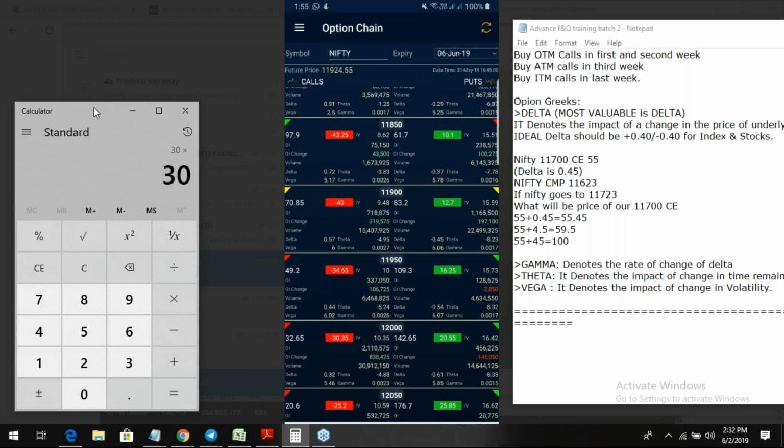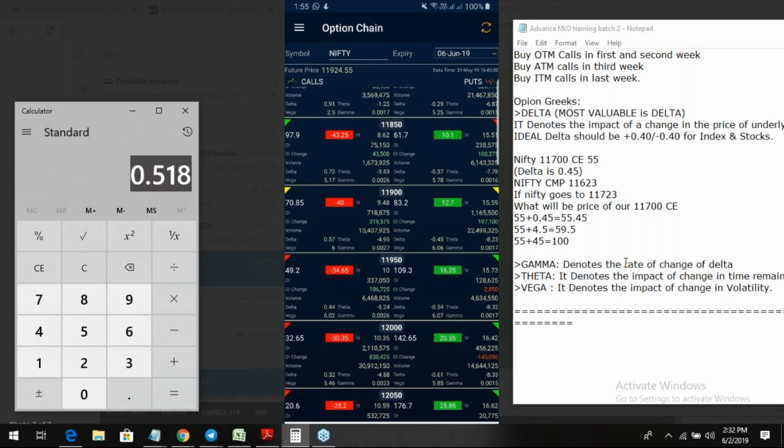What is the gamma rate? 30 into 0.0026. This is our gamma. Gamma rate 0.0026 into 30 equals 0.078, plus what is your delta? Your delta is 0.44. So what will be your delta rate now? After Nifty goes 30 points up, your delta will be 0.518. How does gamma show the delta rate? Gamma denotes the rate of change of delta.